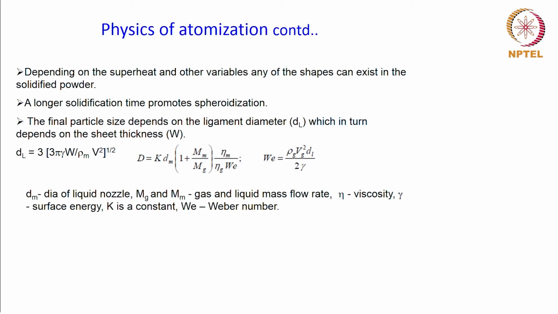So, both of these can depend on several parameters of the process, including the superheat, as I said before, and other process variables, and depending on what process variables are present while the atomization is done, you can get other shapes as well.